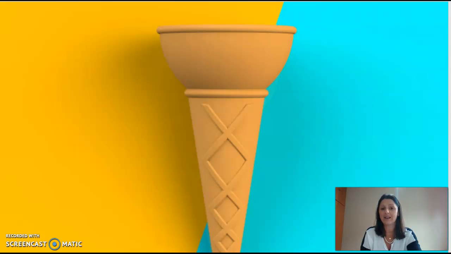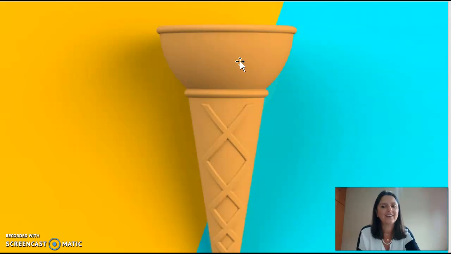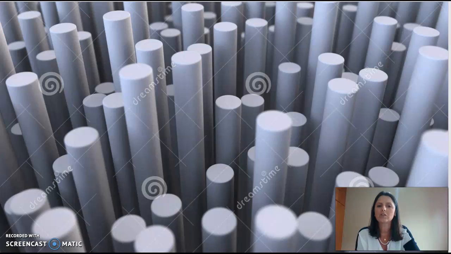It's missing the ice cream. This shape is one example of cone. And finally, to finish, this picture is one example of cylinder.